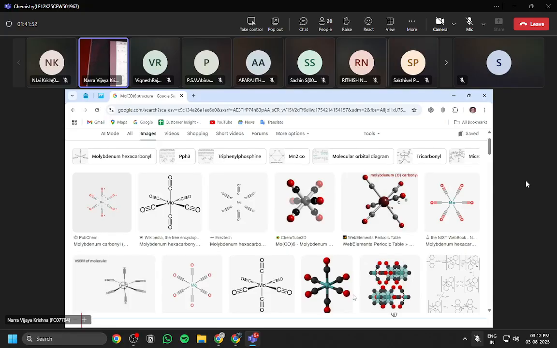Write down there: Ru3(CO)12, H2Cr(CO)5, and the above one Mo(CO)6. All these are metal carbonyls only.